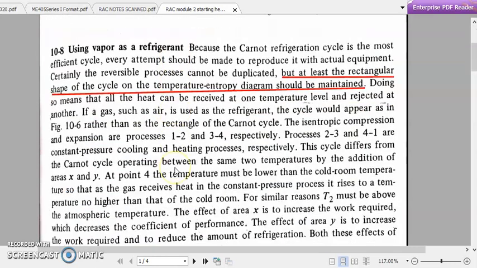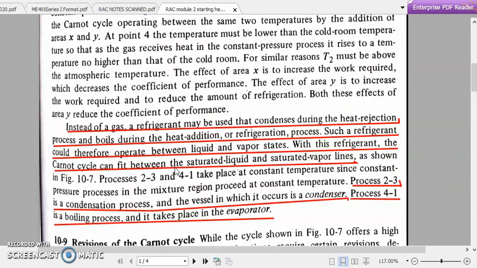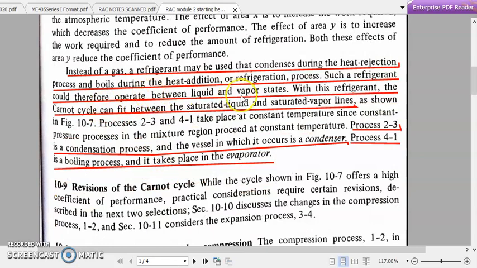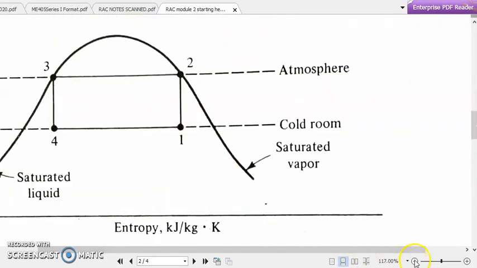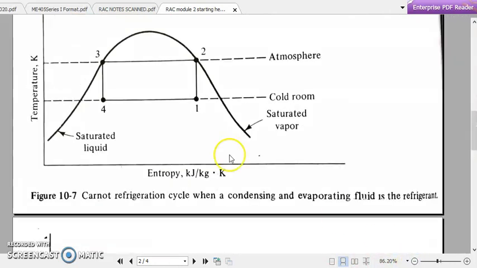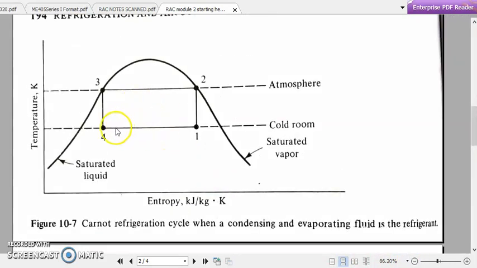Then almost a rectangular shape can be attained at the refrigeration step and at the heat rejection step. Such a shape is shown over here. This is the Carnot refrigeration cycle when a condensing and evaporating fluid is used as the refrigerant.